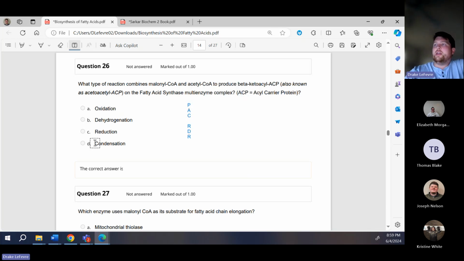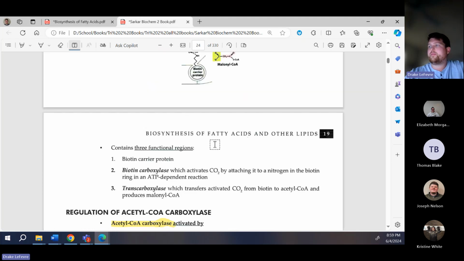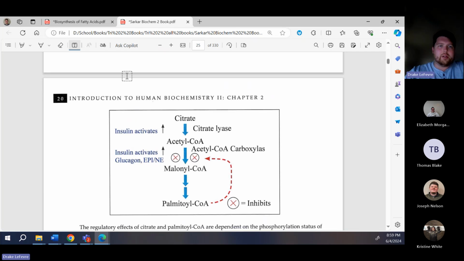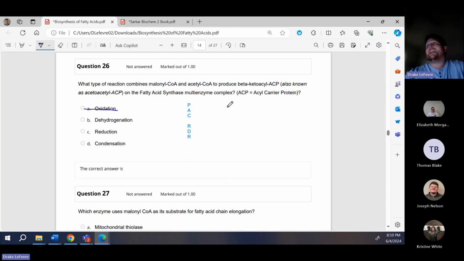So immediately looking here, we're not going to have oxidation. So immediately we're between three different choices, and this is just going to be looking back at the step by step. The question is asking about combining malonyl and acetyl-CoA. Actually, we can logic our way through this a little bit.